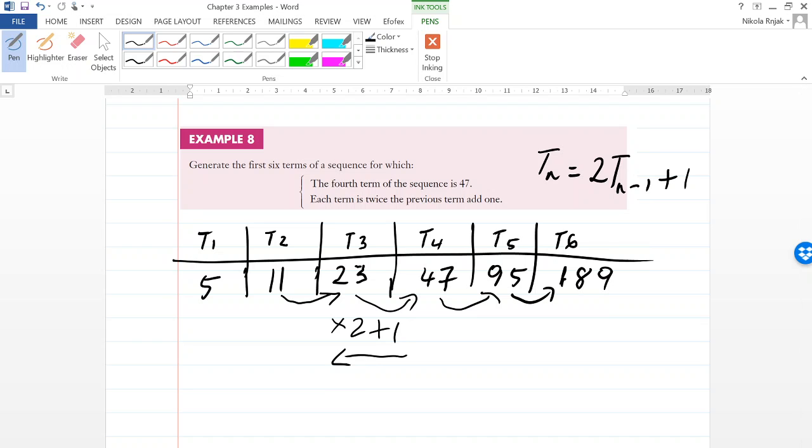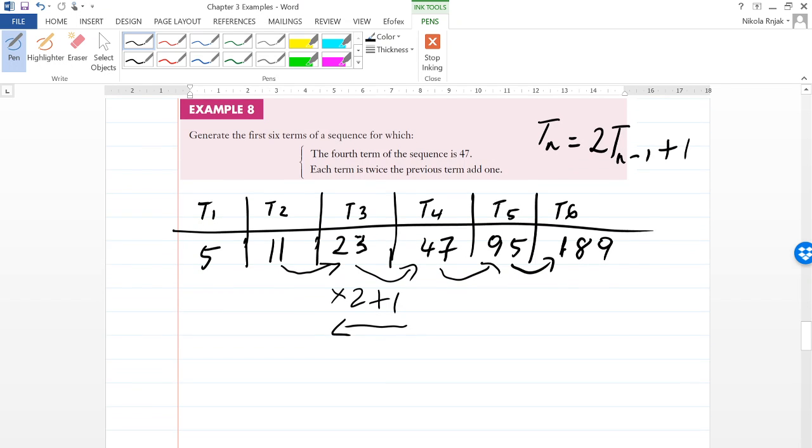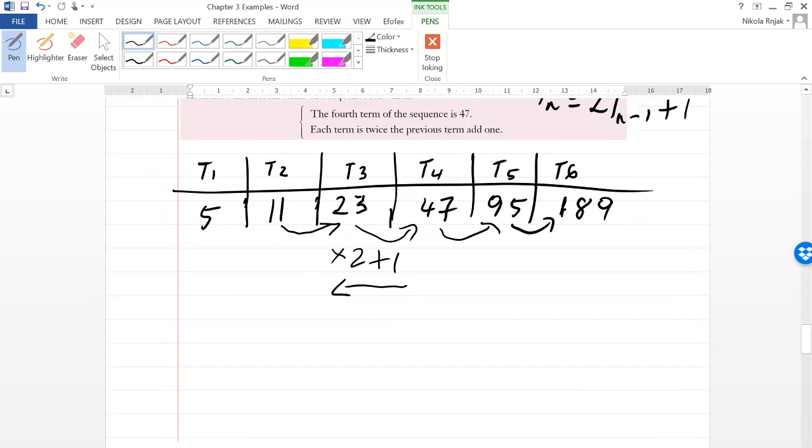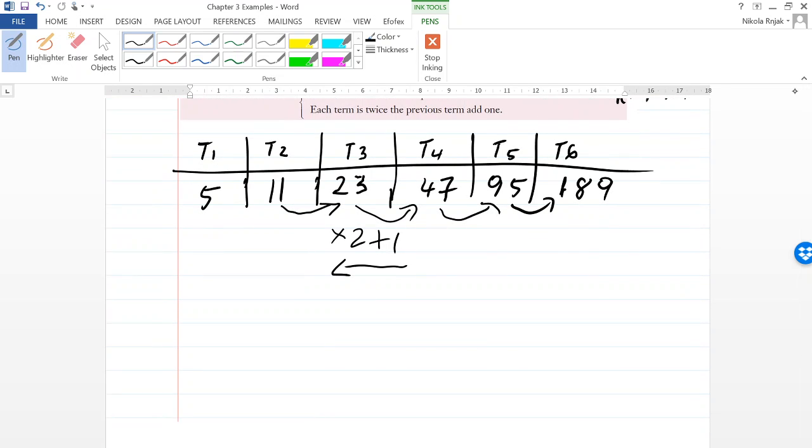All right, so you could use an algebraic approach here if you really like algebra. If you figured out term 4, 5, and 6, then to figure out what term 3 is, you could set up an equation like this. You know that term 4 is equal to 2 times term 3 plus 1.